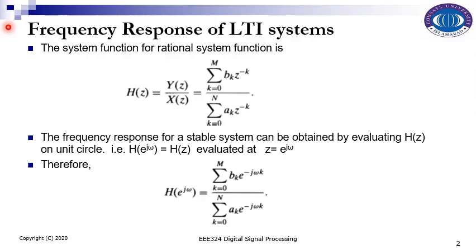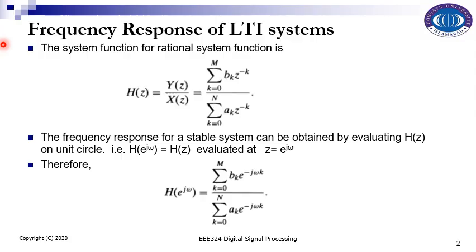So, as you recall in our earlier lectures, we have been looking at how the Z transform and the Fourier transform can be used to analyze LTI systems, linear time invariant systems.